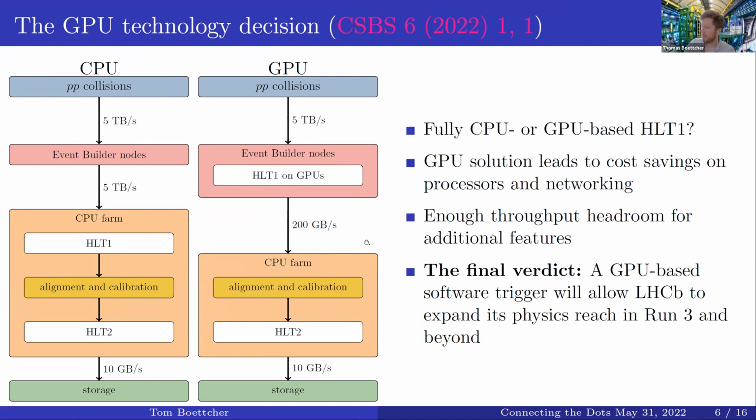And so what this does is we save a ton of money on networking at this step, and we save a lot of money on processors at this step because GPUs end up being a lot cheaper than CPUs. So then what we end up doing is we get a lot more physics for our money within the GPU case. And so the final verdict was that a GPU-based software trigger will help LHCb expand its physics reach in Run 3 and beyond.